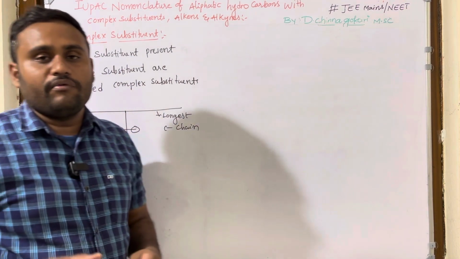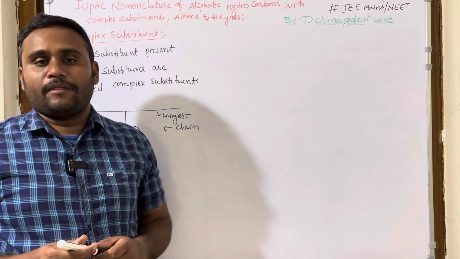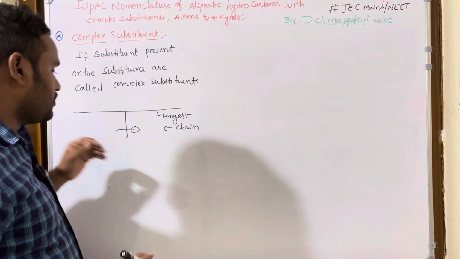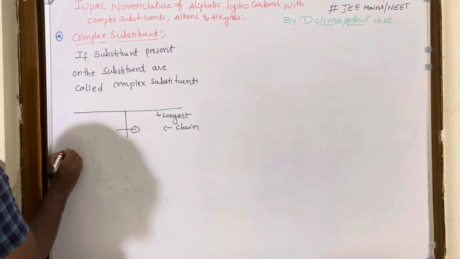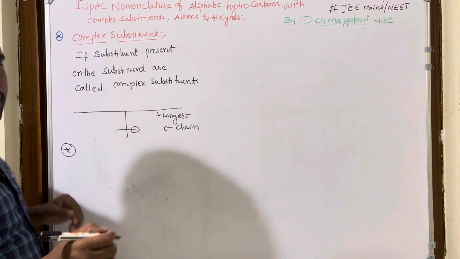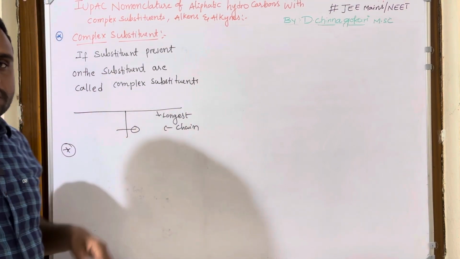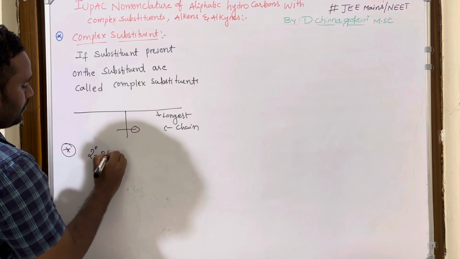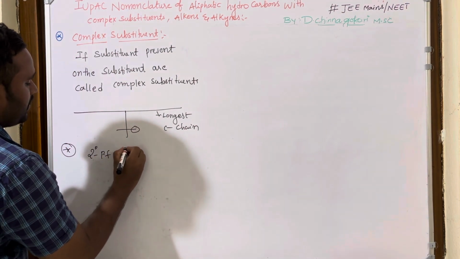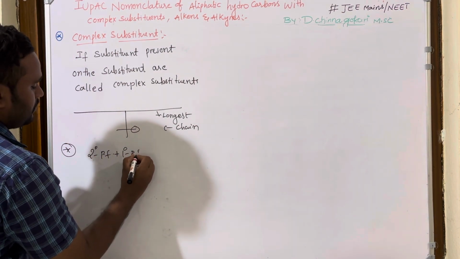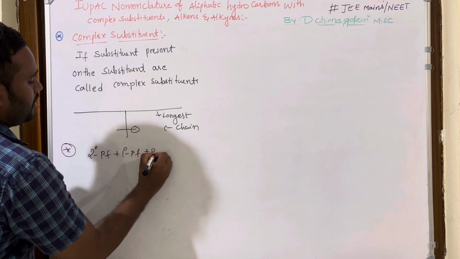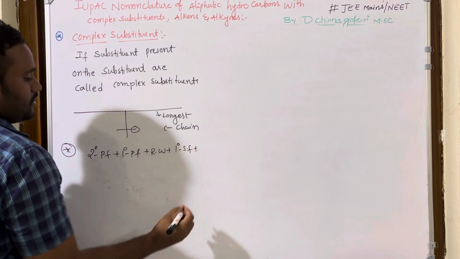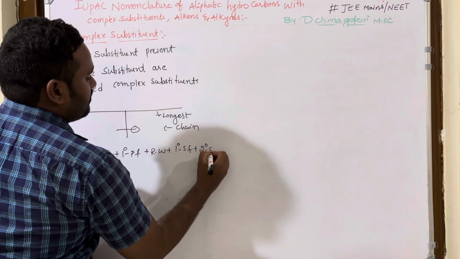We follow the basic nomenclature of these organic compounds, meaning the basic structure of IUPAC names. We are already aware of the basic structure of IUPAC, that is secondary prefix plus primary prefix plus root word plus primary suffix plus secondary suffix.